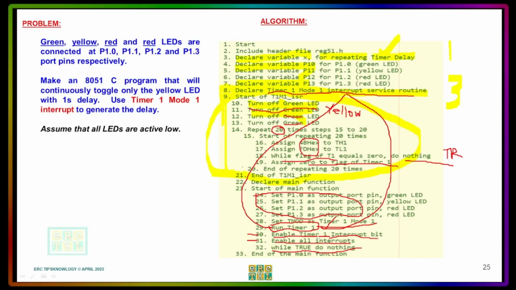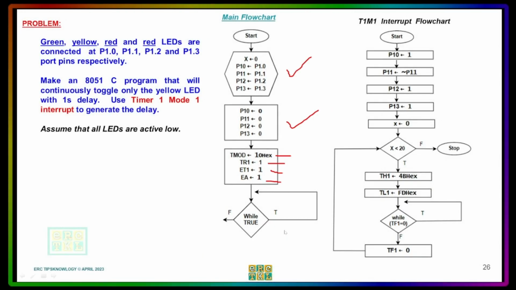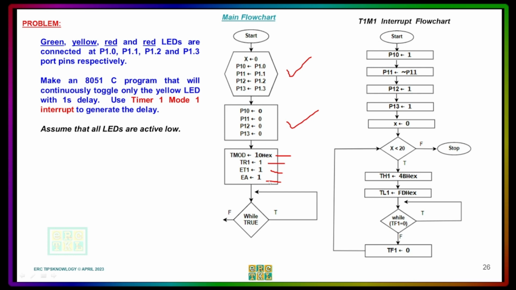So that's where we enable timer 1, and we enable all the interrupts inside the timer registers, so the timer 1 interrupt will be running. But EA is to make all the available bits inside the registers usable or enabled. That is in the timer interrupt explanation videos. If you want, you can visit that video.